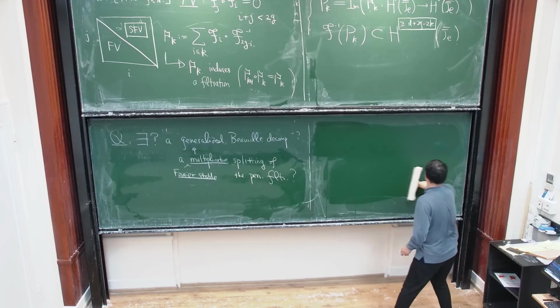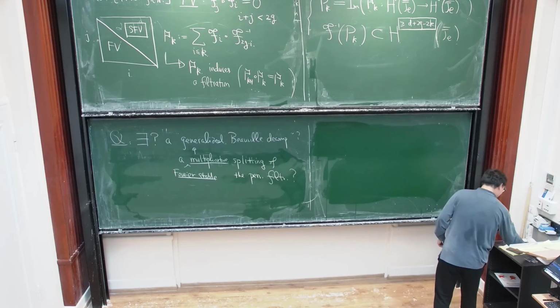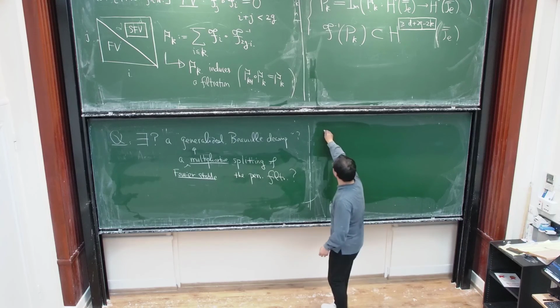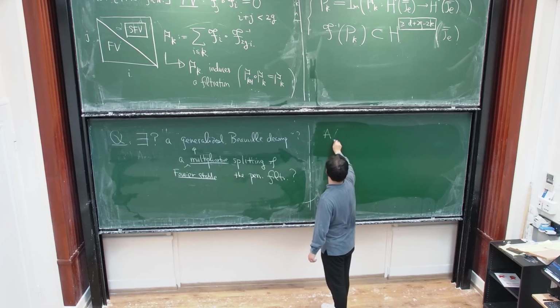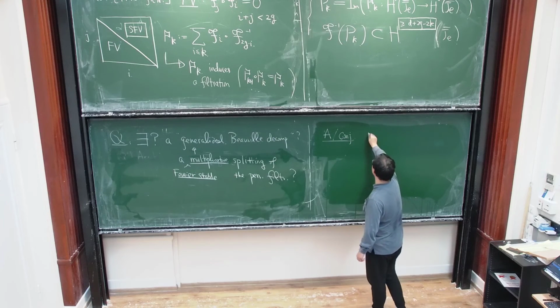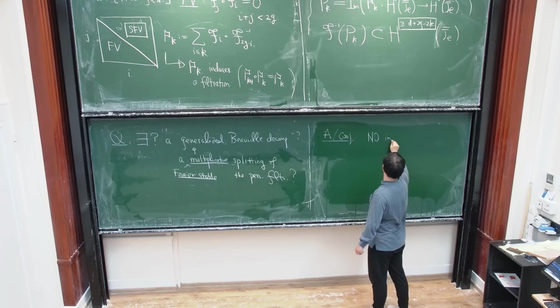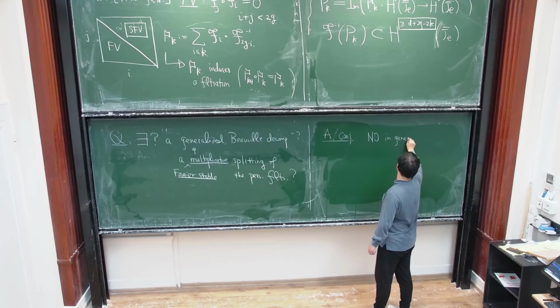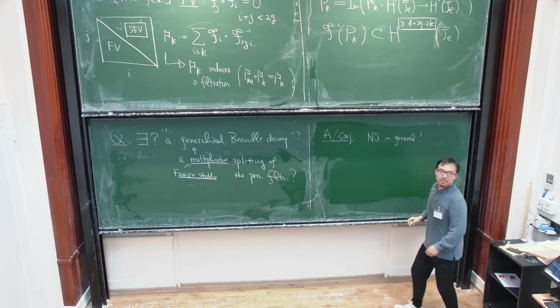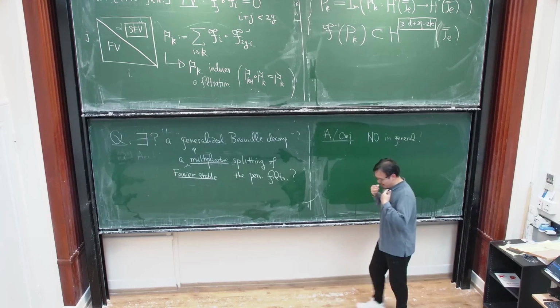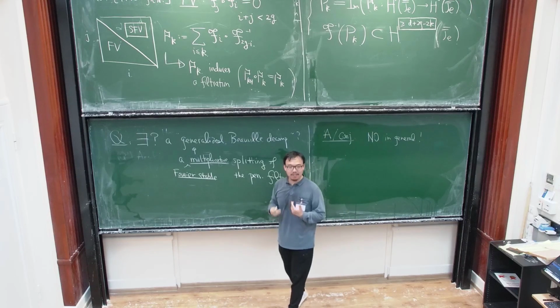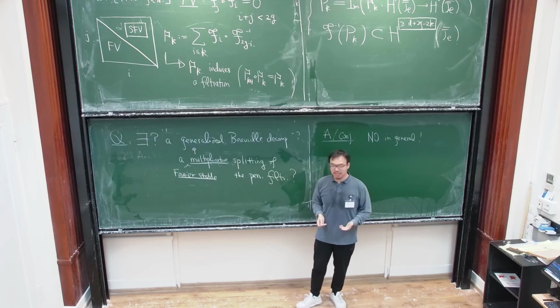Okay, so the answer for the conjecture is no in general. There are some obstructions for you to have a multiplicative splitting of the perverse filtration.